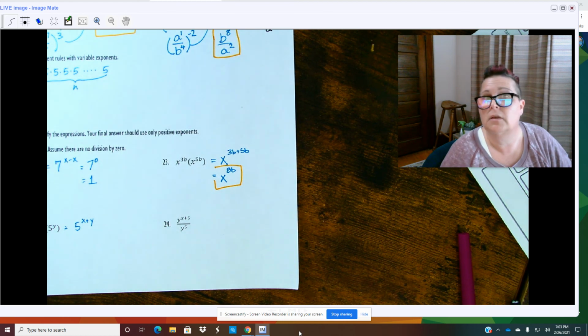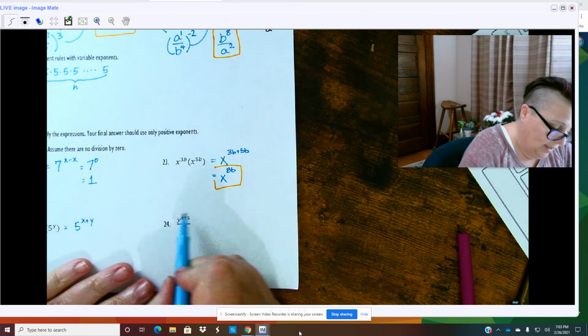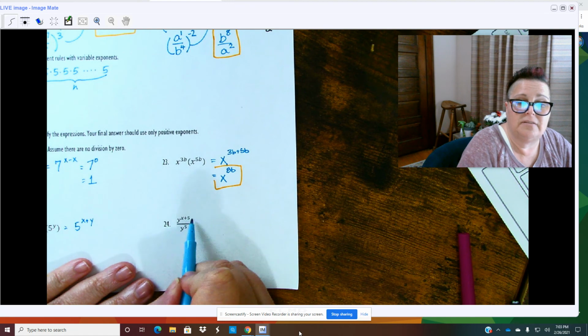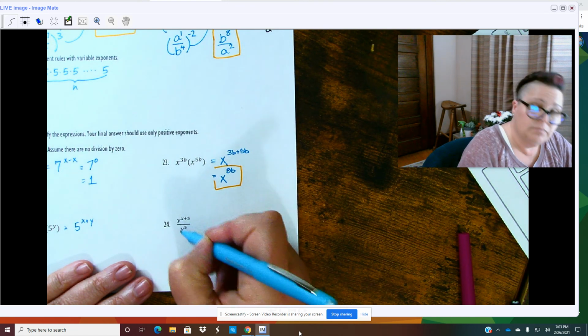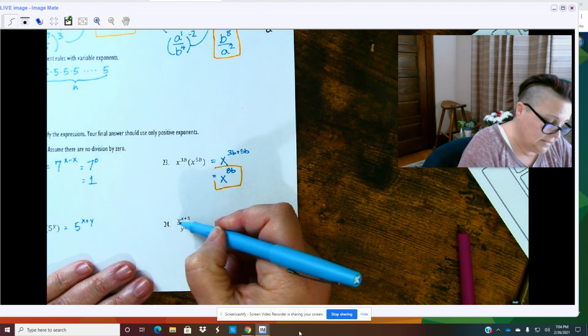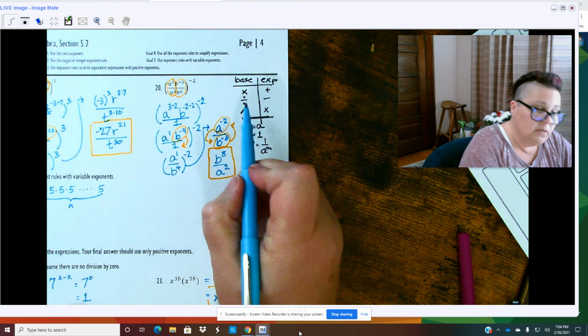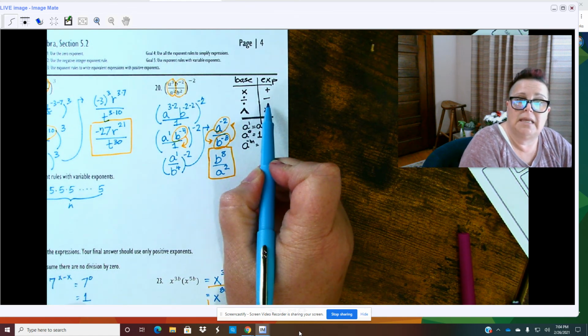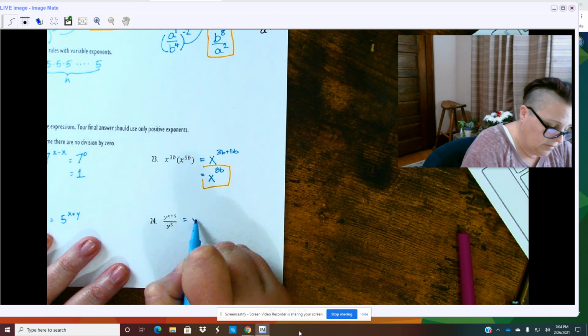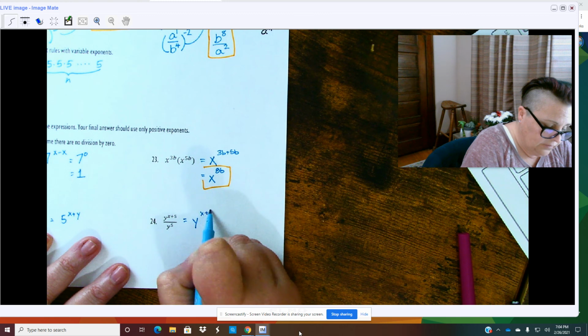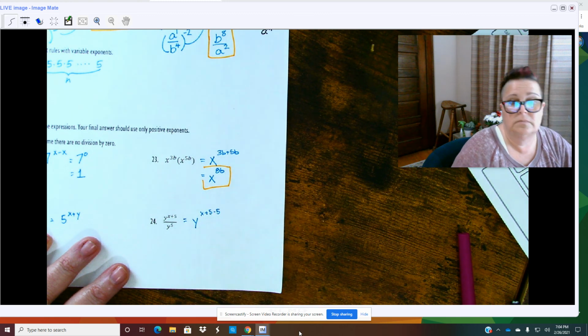Okay? Similarly, I have y to the exponent of x plus 5 over y to the 5. Bases, same. When the bases are the same and they're being divided, the exponents can be subtracted. So this should be the same as y to the x plus 5 minus 5.